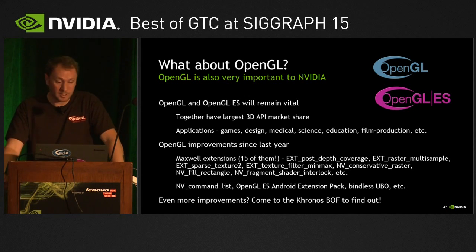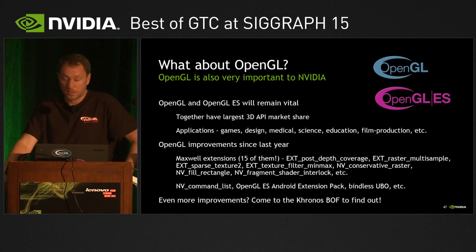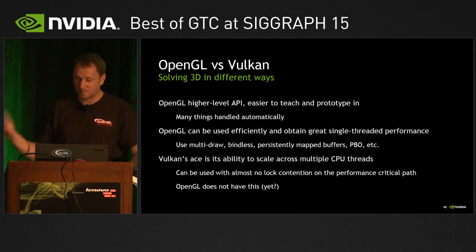For example, when our Maxwell chip was released in September, we released 15 new extensions. And we have other important work going on in OpenGL, for example, NV command list. And maybe there's more coming for OpenGL, so find out at the BOF if you're going to the Khronos BOF, which I'll mention in a second.